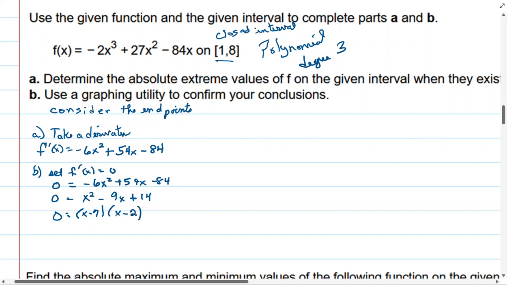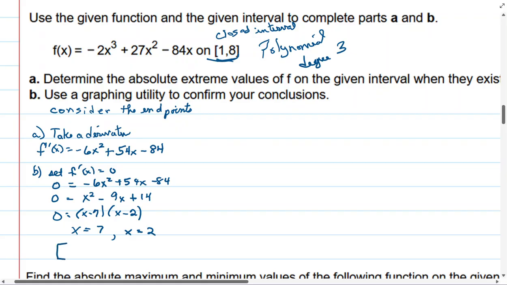Okay. Now, if they're equal to 0, each factor equal to 0 will cause a 0 to happen. These two numbers lie within the domain.